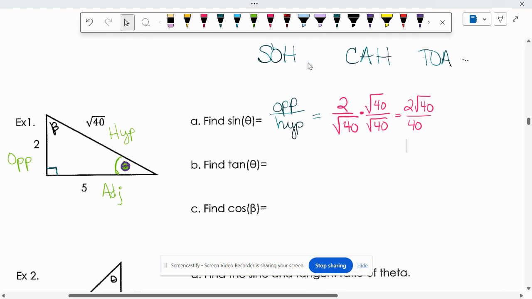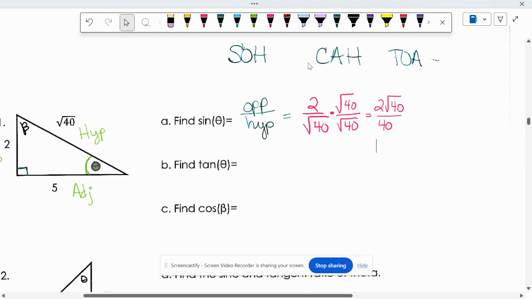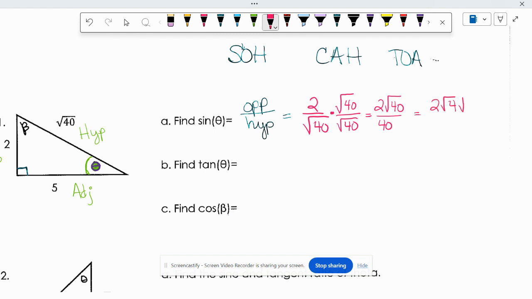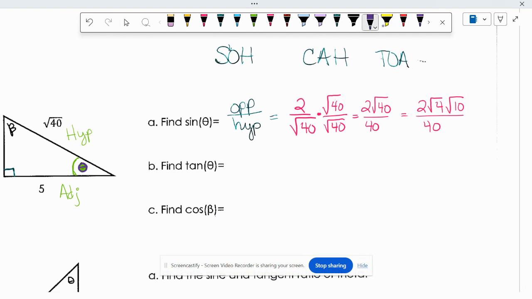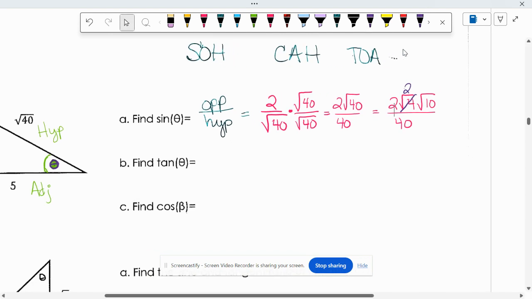Is there a perfect square that lives inside of 40? Perfect squares. 4, 9, 16. Is there 4? So the square root of 40 is the same thing as the square root of 4 times the square root of 10 over 40. But what is the square root of 4? So this is actually 2. And what is 2 times 2?